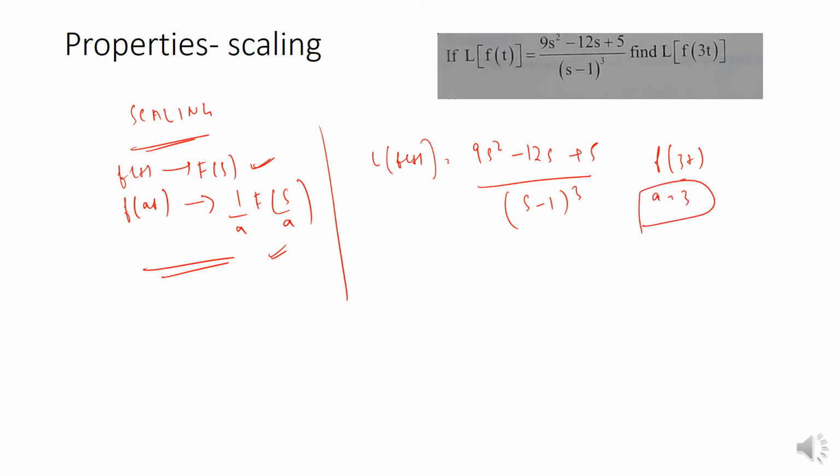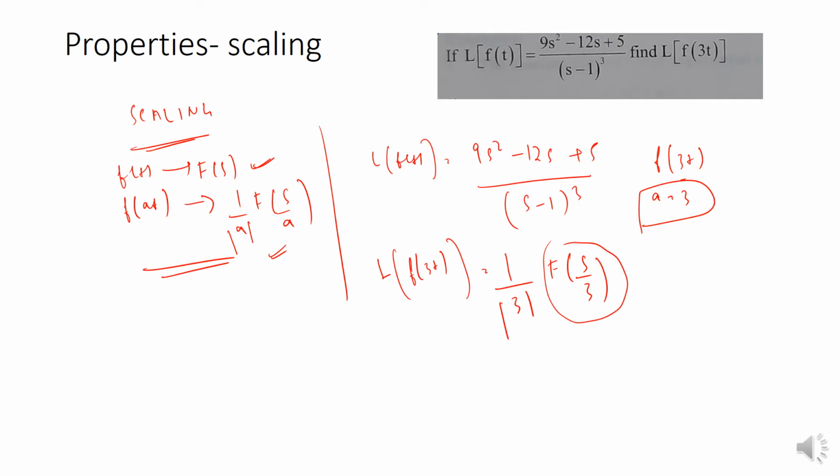So we know now L of f of 3t is 1 by 3, 1 by mod a, you can also write, it is always positive, 1 by 3 F of s by 3. F of s by 3, what does it mean? Wherever there is s, replace it by s by 3.